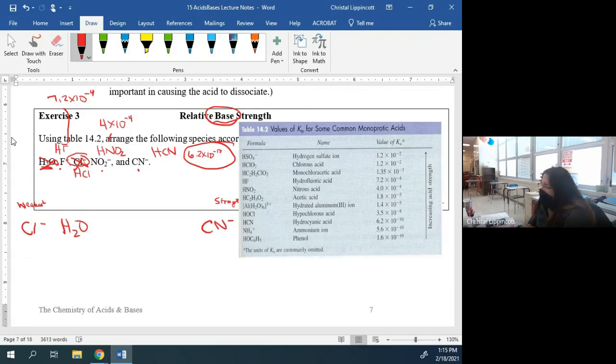Now I have to figure out where I'm going to go in order with these two. Which number is smaller here, 7.2 times 10 to the negative 4 or 4 times 10 to the negative 4? Which is smaller or which is bigger? Which one would come after H2O?